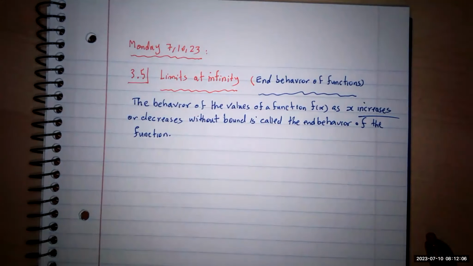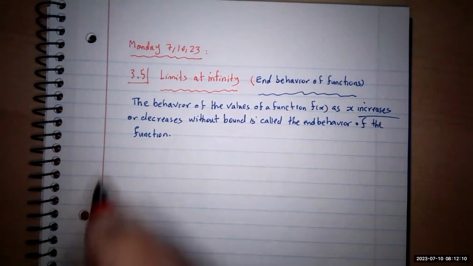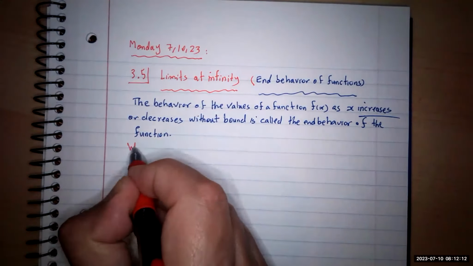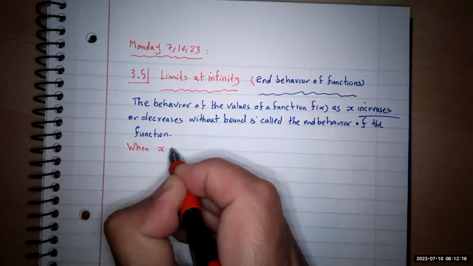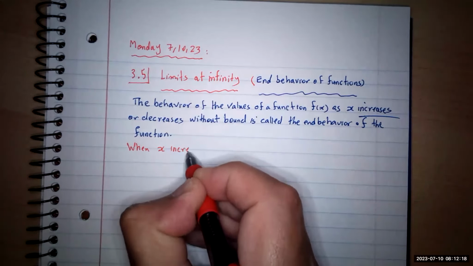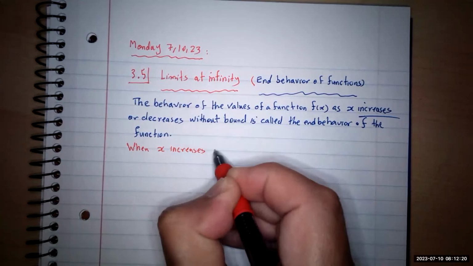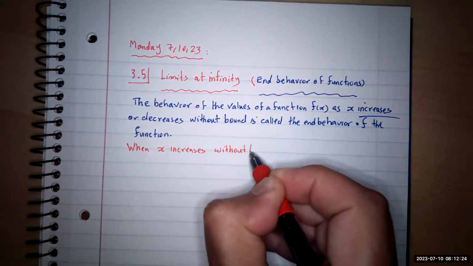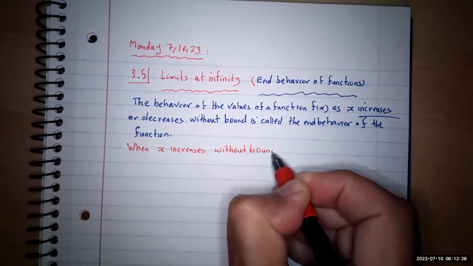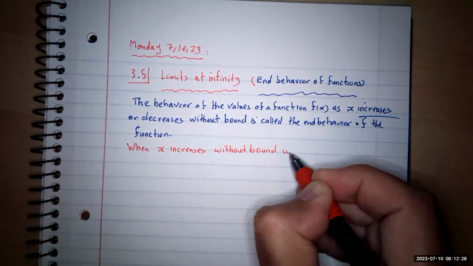So that's to remind you what you did in algebra. Now, with the tool of calculus, we are going to use the notation of limits to talk about it. When x increases without bound, we are going to use this notation.